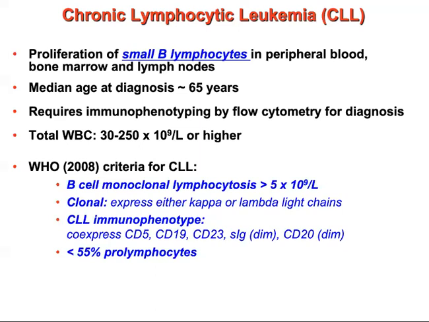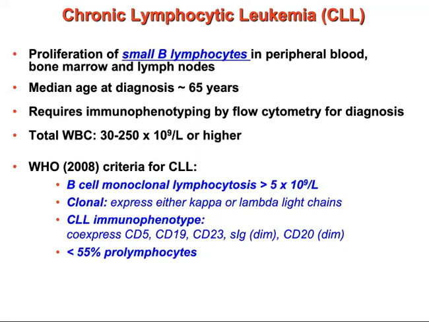CLL, or chronic lymphocytic leukemia, is characterized by the accumulation of small B lymphoid cells, or small B lymphocytes, in the bone marrow. You see it then in the peripheral blood. You also see it in lymphoid organs. The median age of diagnosis is approximately 65 years.